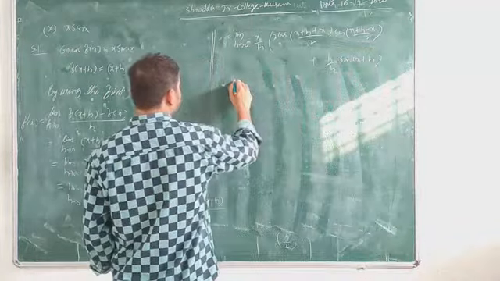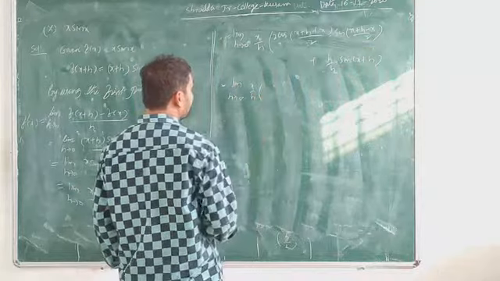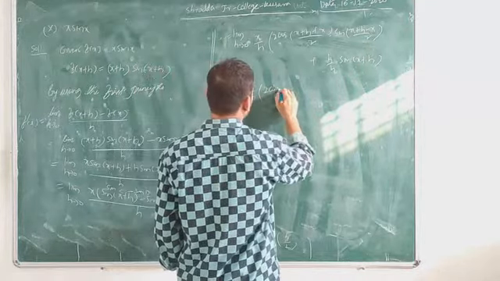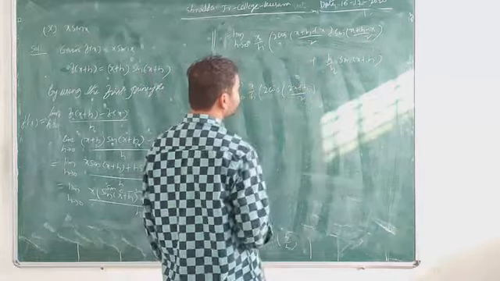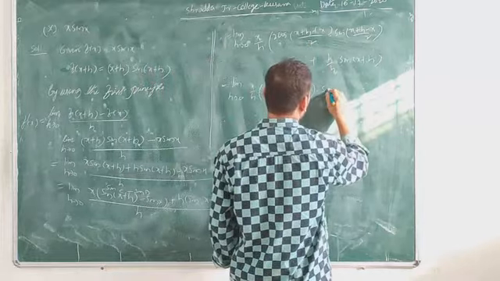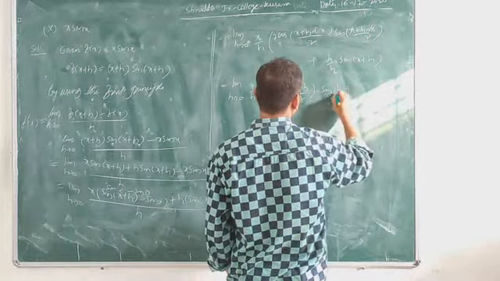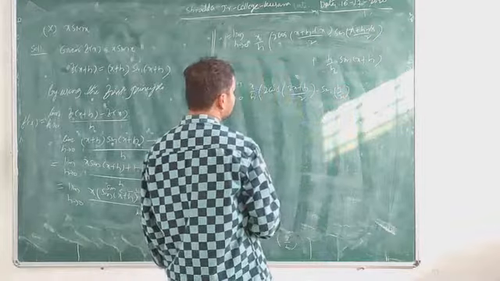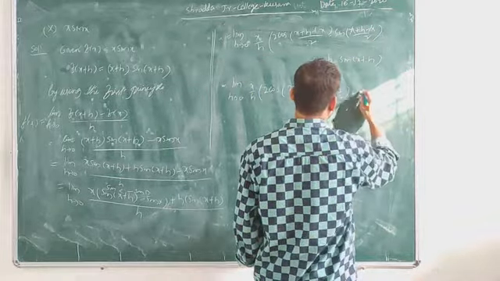Now see here, limit h tends to 0, x by h into 2 into cos of (x+x+h)/2, that is (2x+h)/2, into sin of (x+h−x)/2, that is h by 2, plus sin(x+h); h gets cancelled here.